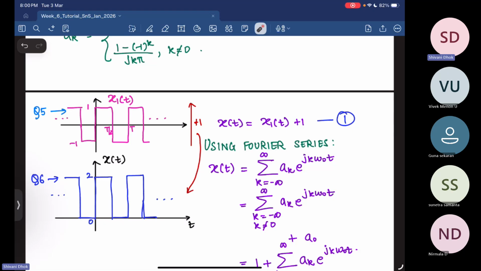But this addition of 1 for all the values of t is adding a DC shift to that signal. And this DC shift is only reflecting in your 0th frequency component. Otherwise, all other frequency components remain unchanged.